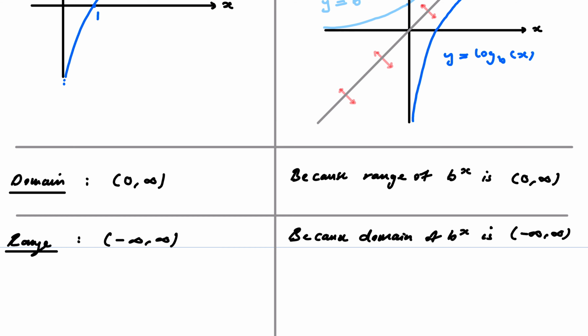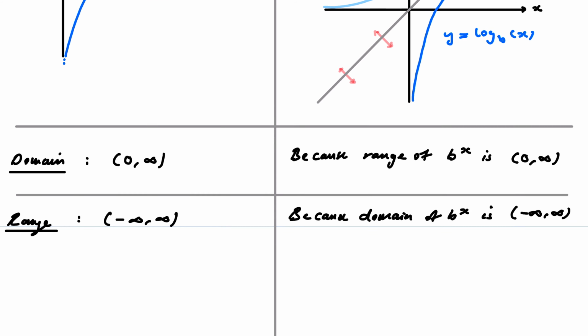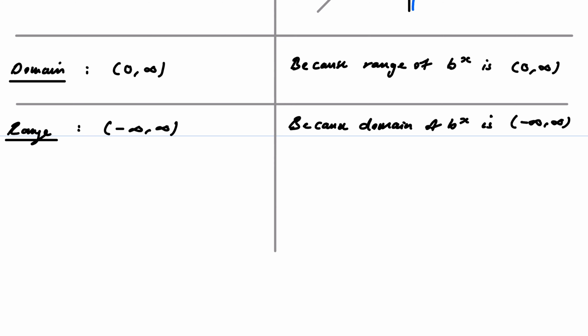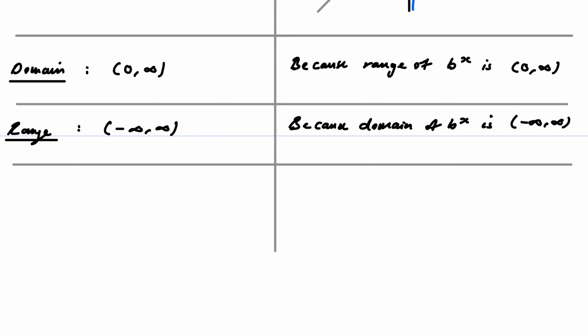That's the reason. Next, increasing, decreasing. Well, we can definitely see it's increasing from the picture. So it's increasing on its whole domain. We don't need to do any weird restrictions or anything like that.